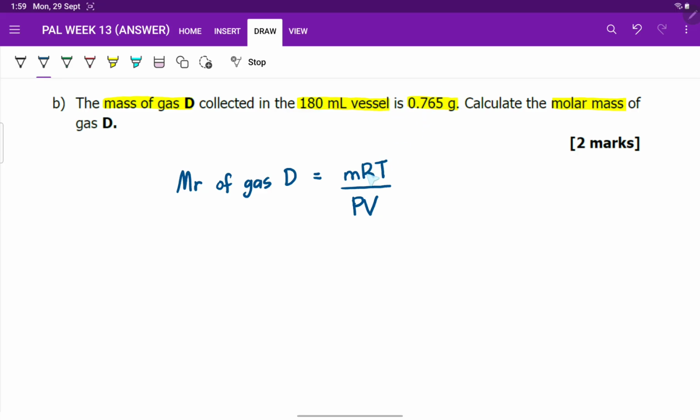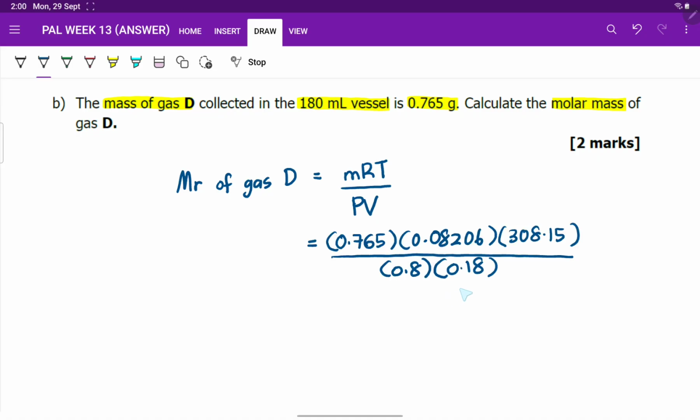R nilai constant kita, temperature, the same temperature given before this, cuma kita perlu tukarkan dia kepada Kelvin, and then pressure, the new pressure that we have calculated in part A, and then the volume which is 180 ml. So substitute all the information into the equation dan kita boleh carilah berapa molar mass of gas D.